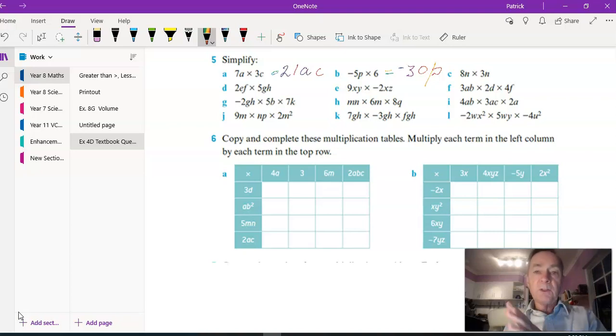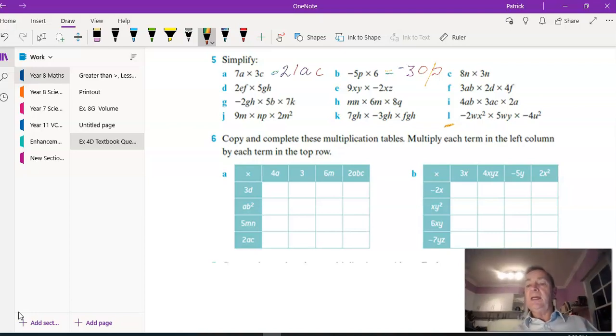So let's have a look at, say, part L. Part L is negative 2wx times 5wy times negative 4u squared.